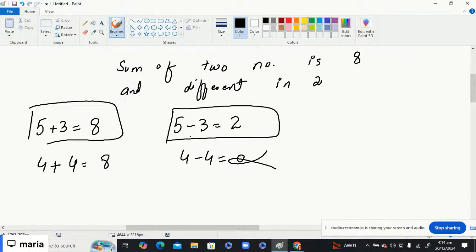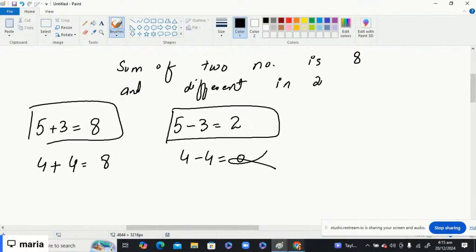The first condition is that you can put down 5 plus 3 addition, and then you can see that the difference is 2 and the addition is 8.